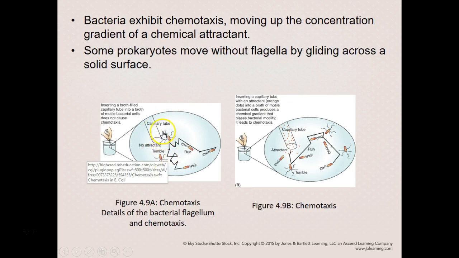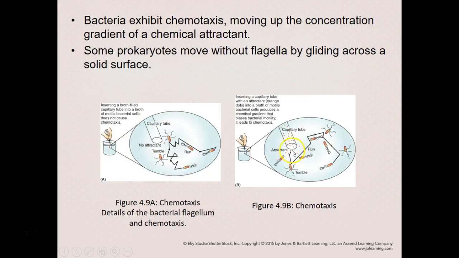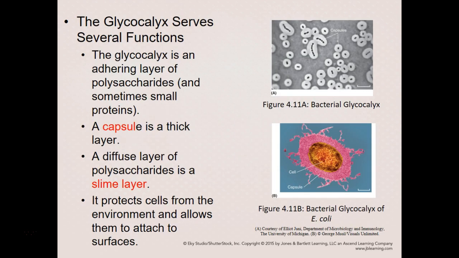So here you can see movement, a run here, and then a tumble. And then you have a run and then a tumble, and a run, and then you'll have another tumble. The more attractants we have, the longer the run will be, and the less tumbling we will have. If you're interested, there's a video here that will go through the movement of bacteria using their flagella.